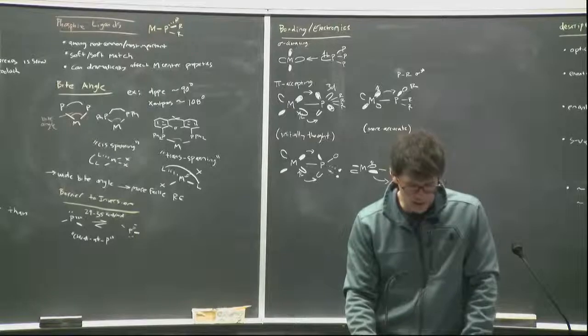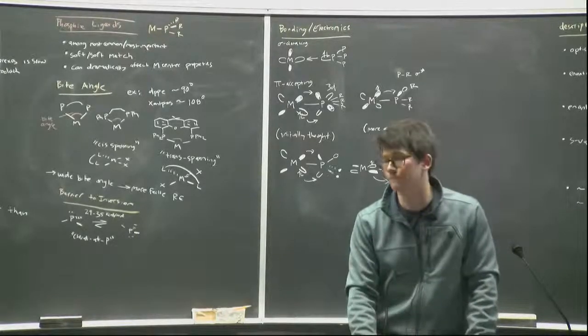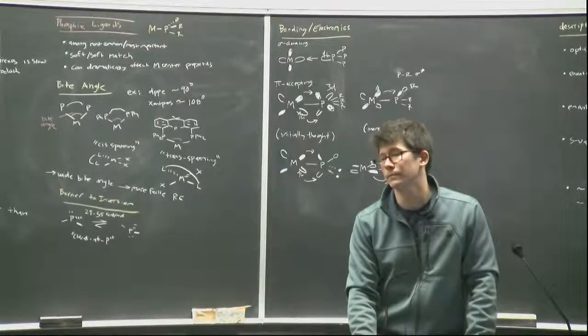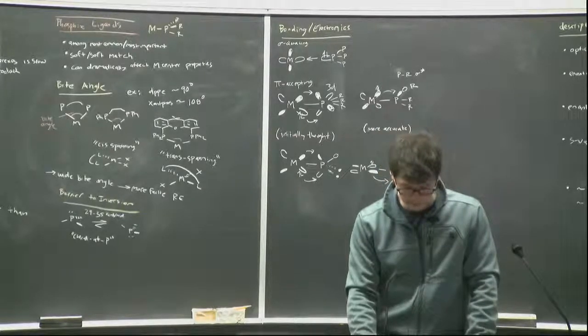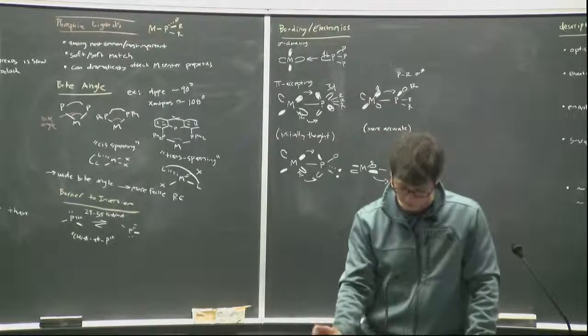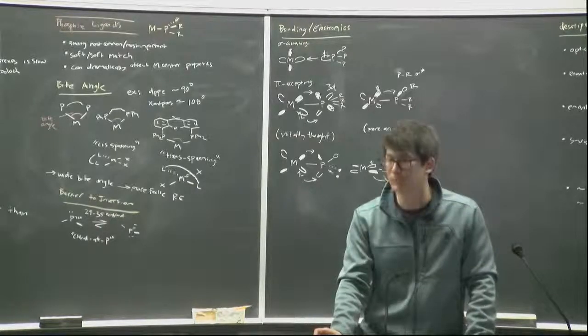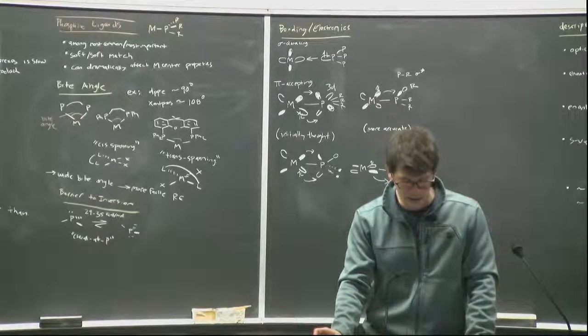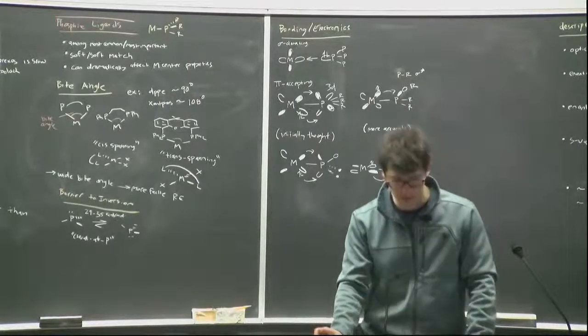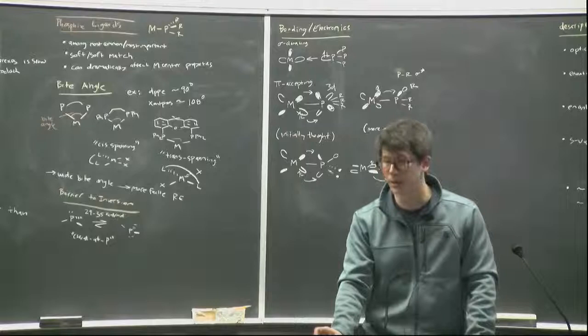First for 2A, Hansol, what do you think? Okay, so Hansol is saying that when you replace one CO with phosphine, now the phosphine is going to be much more electron donating than the carbonyl.